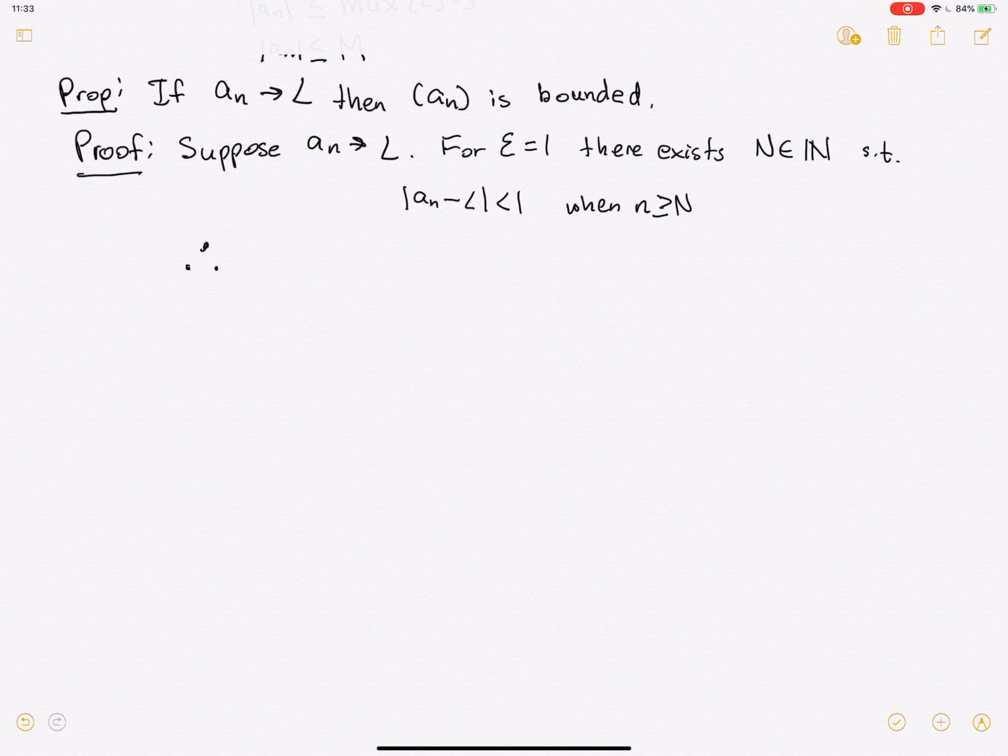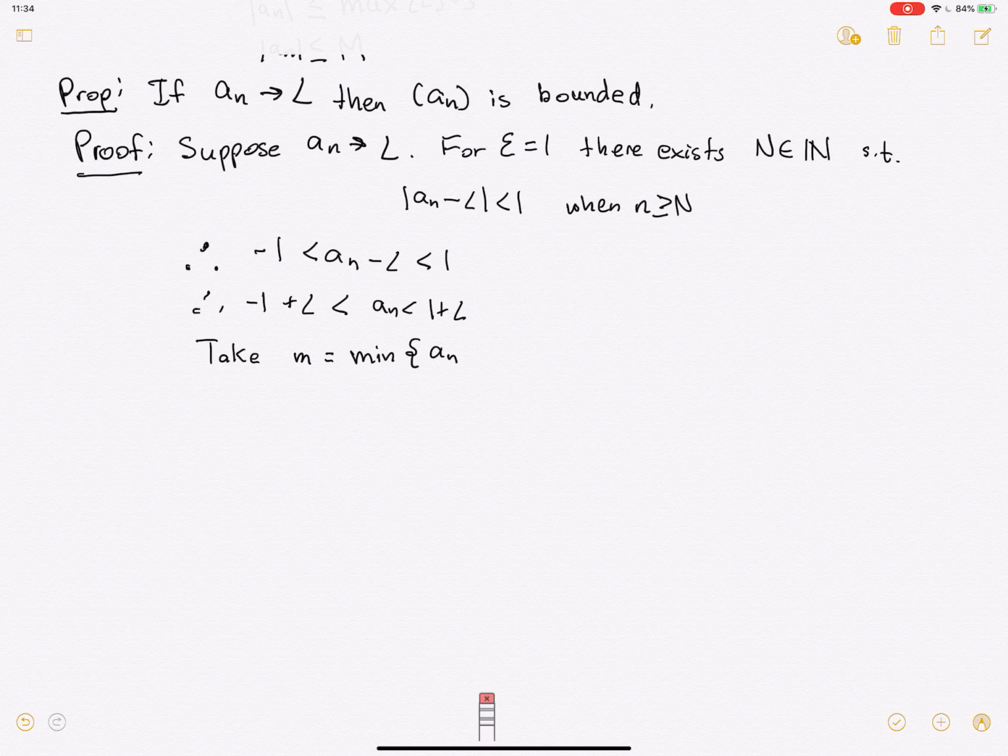Therefore, by expanding that out, we have that negative 1 is less than a_n minus L, which is less than 1. So negative 1 plus L is less than a_n, which is less than 1 plus L. Now take M to be the min of a_1, a_2, all the way up to a_(N minus 1).